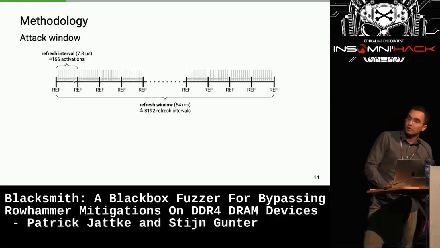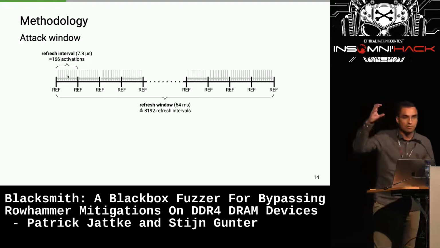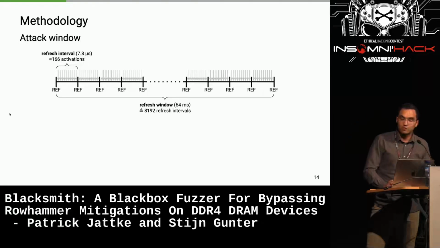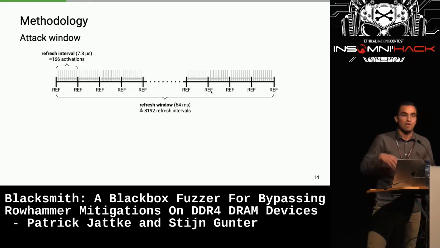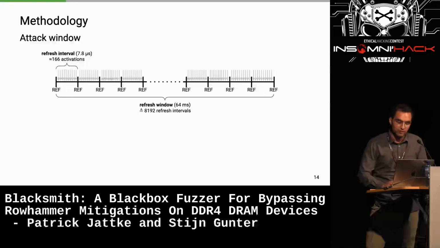And we can issue around 166 activations, so what I showed before, when you load a DRAM row into a row buffer, in between two refresh commands. This is basically the space that the attacker has, right? Because after these 64 milliseconds, the row will be refreshed. So if you are not able to trigger the bit flip within this period, then it's basically over.